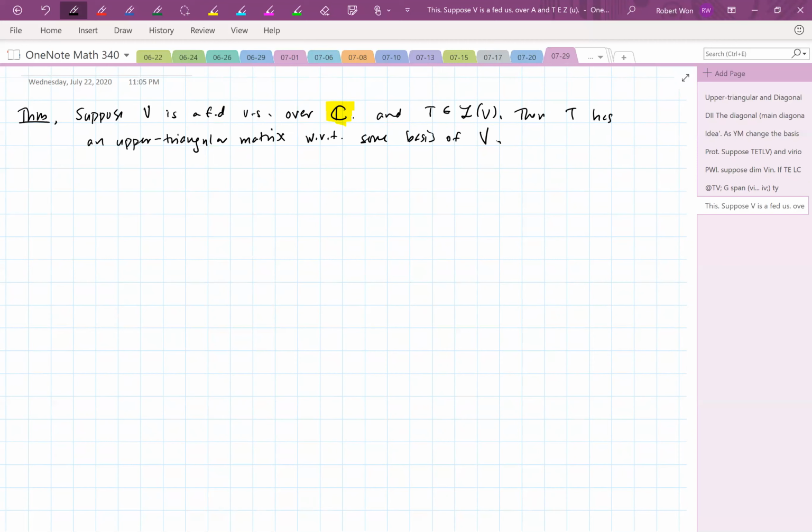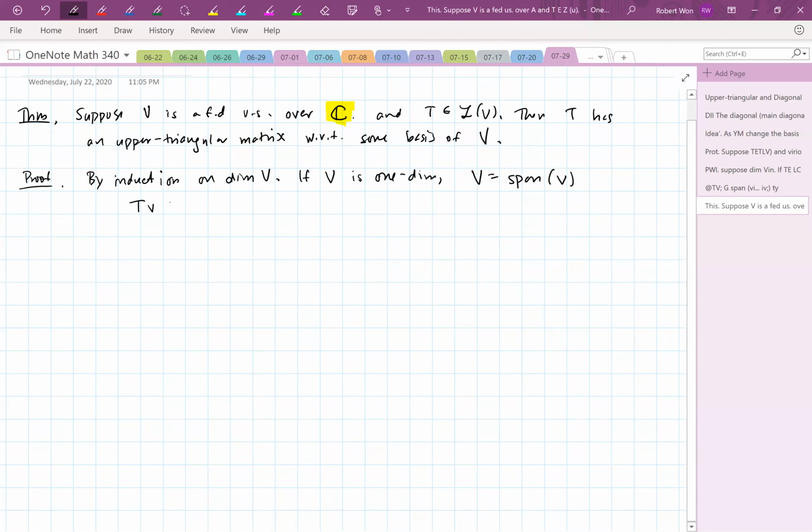Okay, and this we can prove by induction. So what we'll do is we'll induct on the dimension of V. Okay, so if V is one dimensional, right, this is our base case, then V is just the span of a single non-zero vector. And T is an operator on V, right?